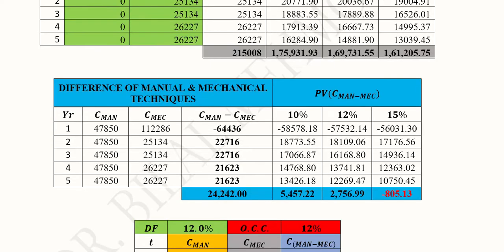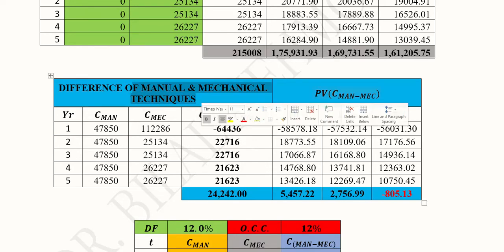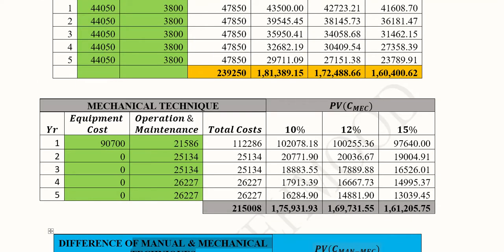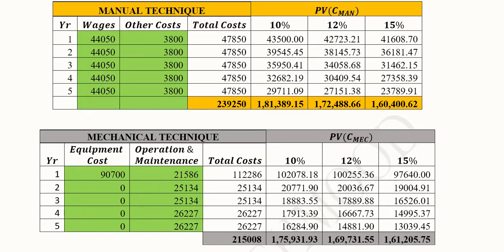Now what we are going to do is to calculate the difference of the two techniques, because this is not going to compare them in a logical way, because one of them is having greater stream and one of them is having lower stream from the second year till the fifth year.